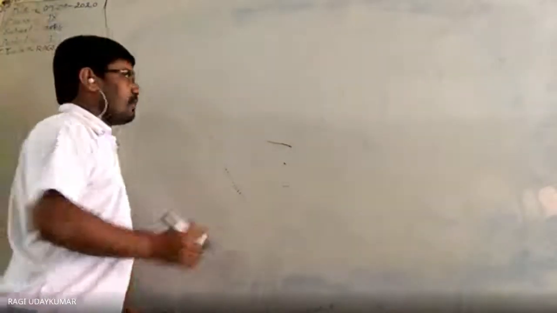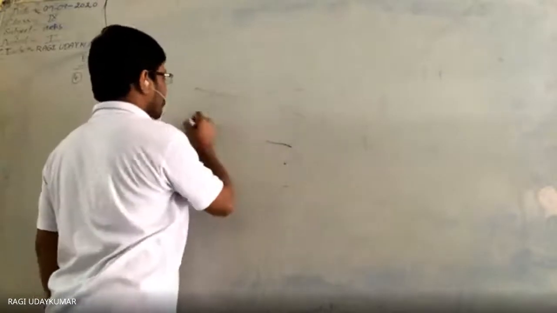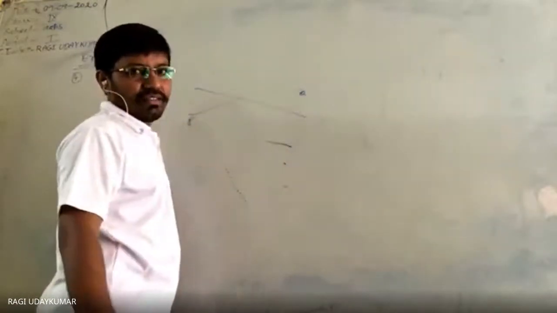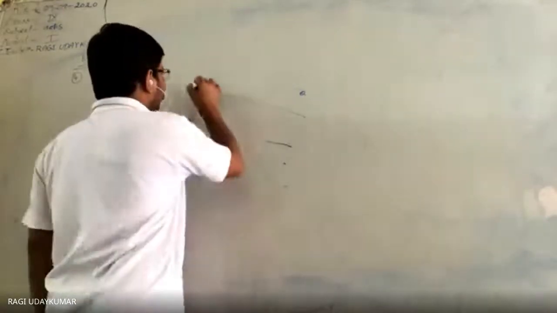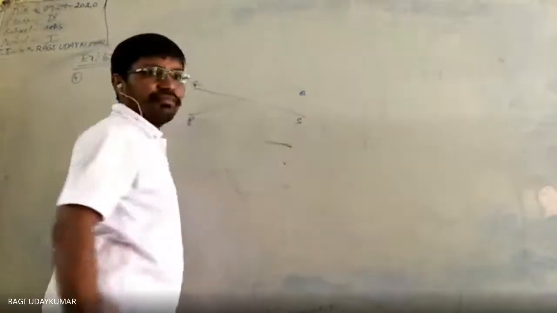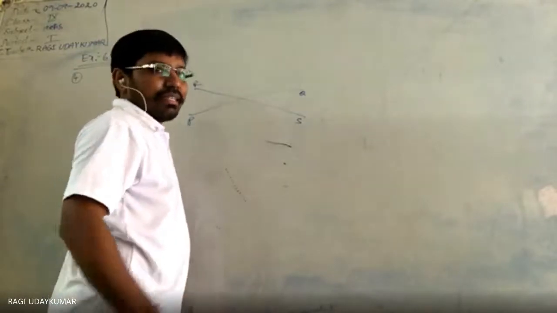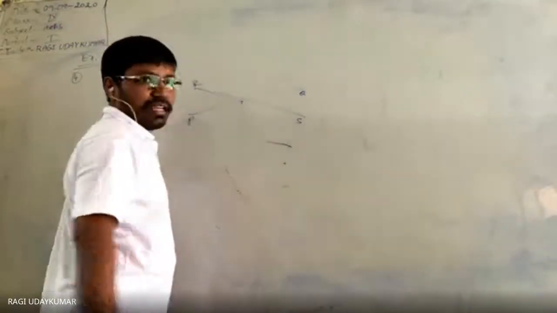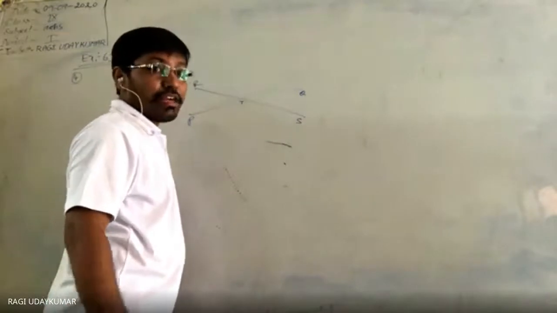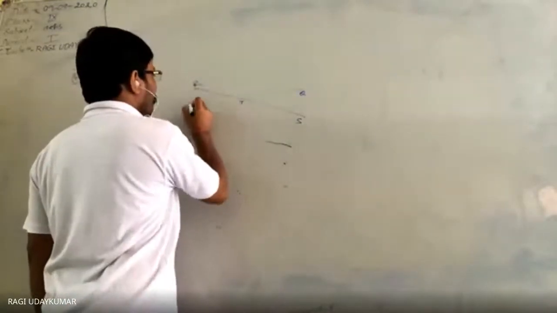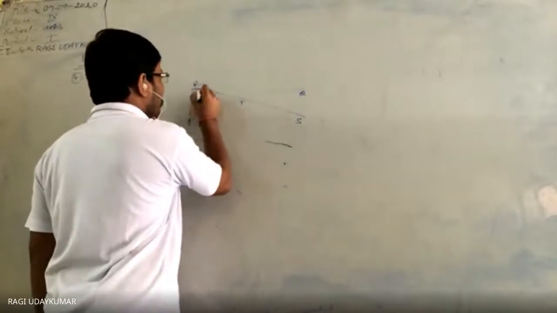But if the figure is not given, PQ is one line and RS is another line, and they intersect at a point C, such that angle PRT is equal to 40. Join these two. Angle PRT is 40 degrees.